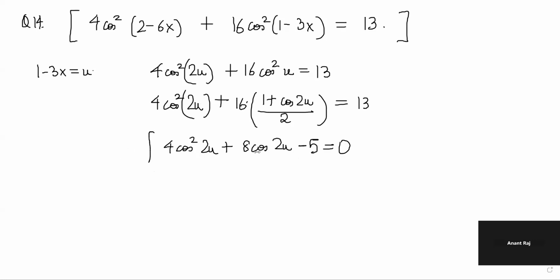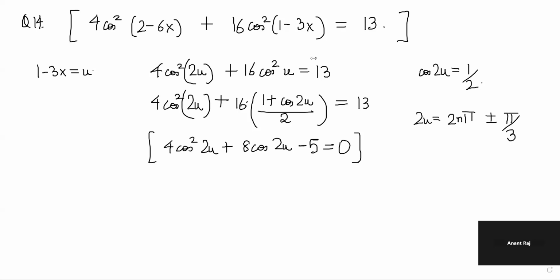Then it is just a simple quadratic in terms of cos 2u. Then cos 2u equals half and minus 5 upon 2, but we can't take minus 5 upon 2 because it is less than minus 1.